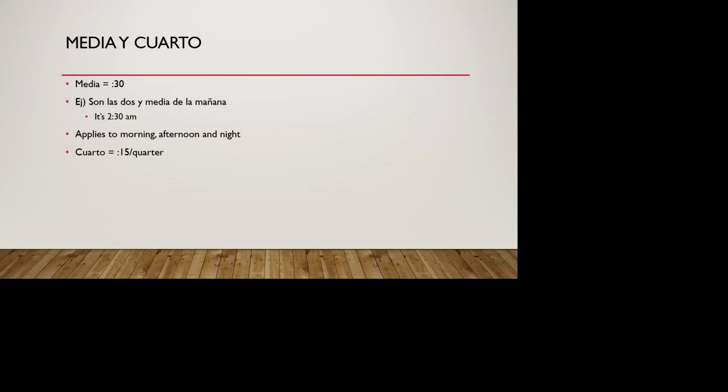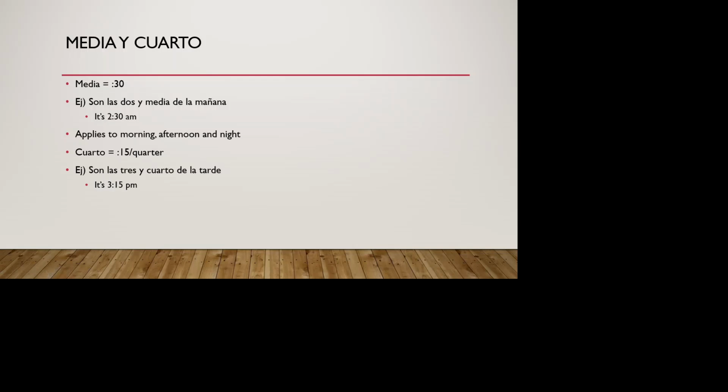Cuarto is where students generally have more trouble, because it can mean, for example, 1:15, 12:15, 6:15, or a quarter. And we'll get to a quarter in a sec. But for example, we have "son las 3:15 de la tarde."